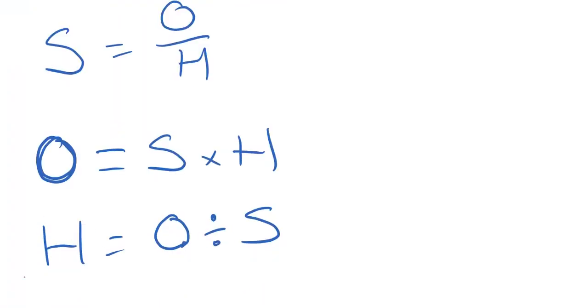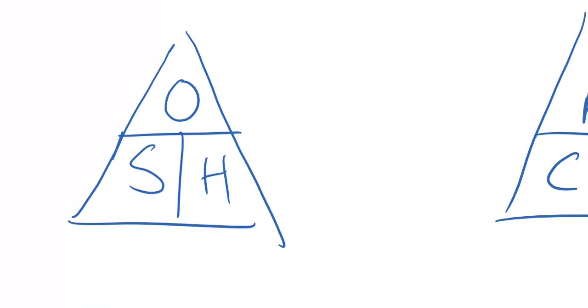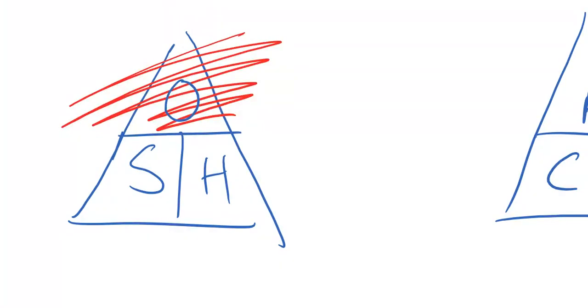That is exactly what happened, okay? So you just have to cover up the one that you want, and you are going to be able to find something out. For example, if I wanted the opposite, I cover up that one, and these are the two things next to one another. When they're next to one another, they mean multiply. Opposite is the sine of the angle times the hypotenuse.